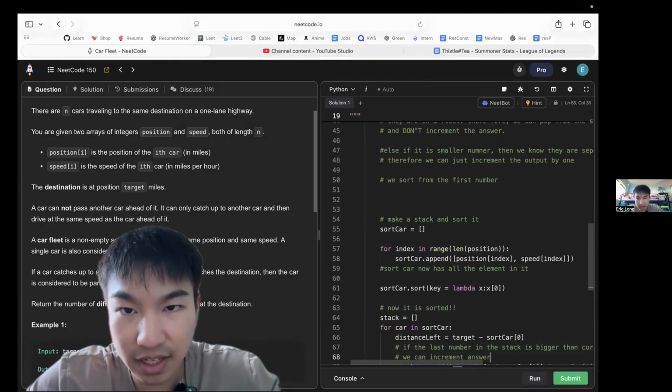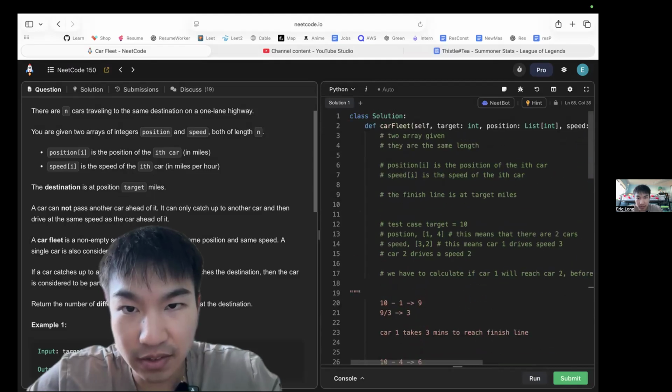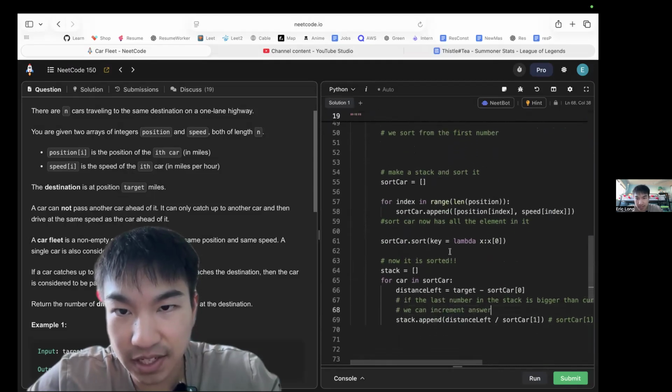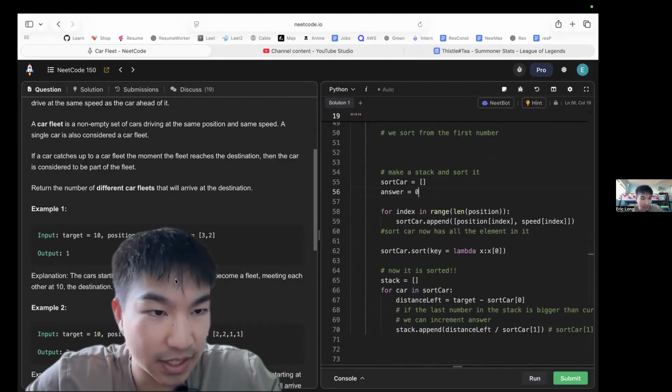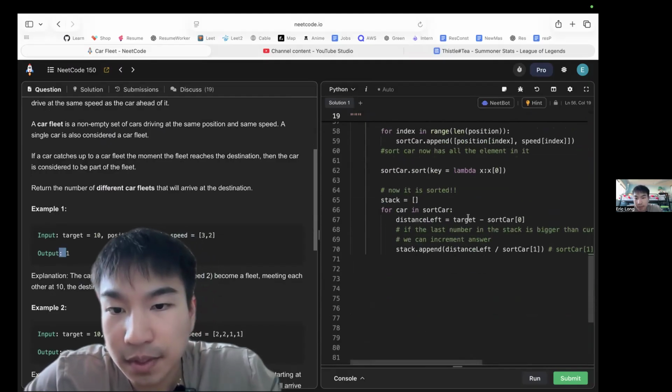Do we have answer yet? We never set answer. Okay, let's put answer right here. So answer is just equal to 0 because answer is going to be just an integer.